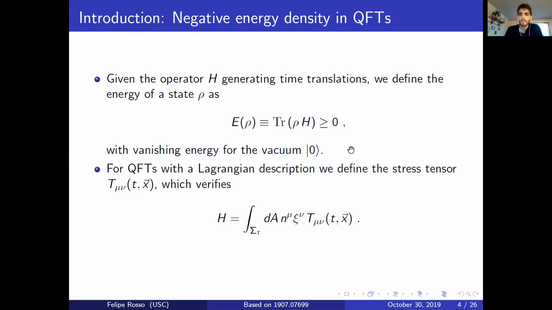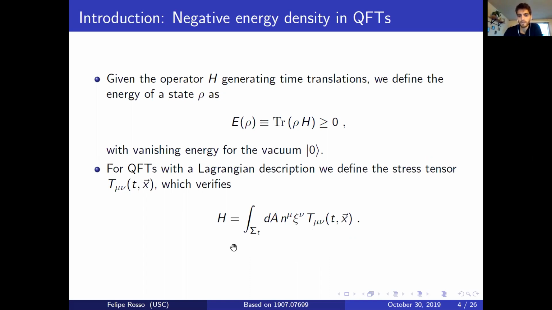When you have a QFT that also has a Lagrangian description, then you have a natural notion of a stress tensor, by taking the variation of the action with respect to the metric. And when you can do that, there's a particular way in which you can write a Hamiltonian, given over here. It is an integral over a Cauchy surface of the stress tensor contracted with some Killing vector in an appropriate manner.